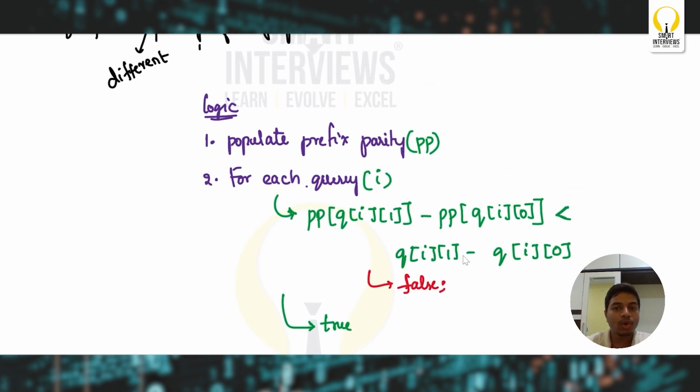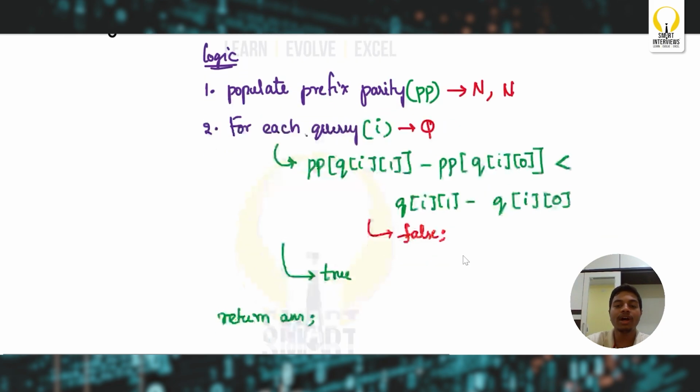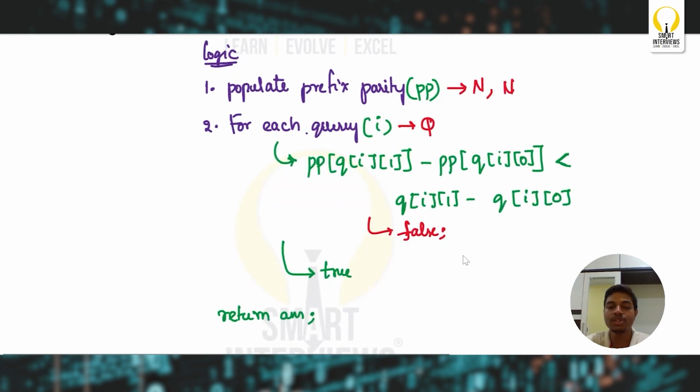So if I try to discuss the complexity for this logic, populating this prefix parity is taking n time, and this is for sure an extra space. And what about for each query? For each query, we are trying to get prefix parity of q of i of 1 minus q of i of 0, and if it is less than that, we are going to add false, or else we are going to add true.